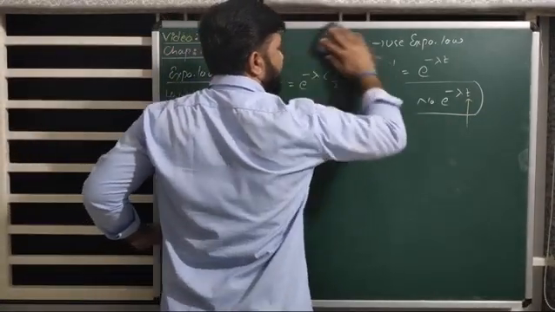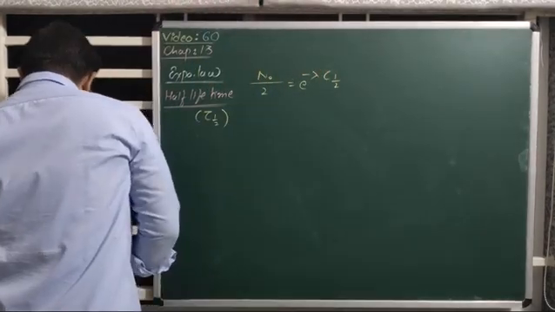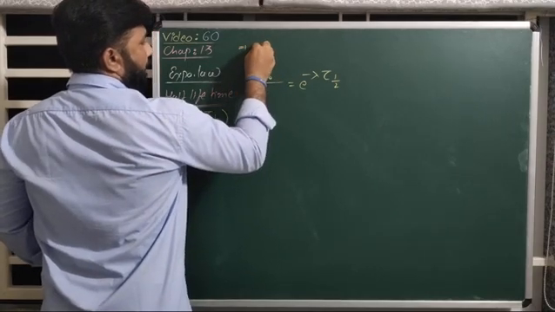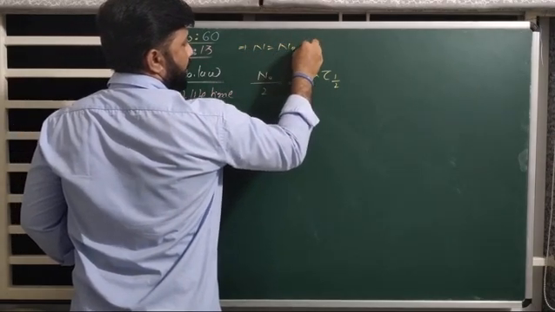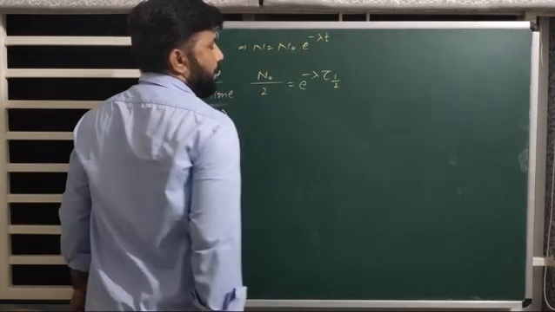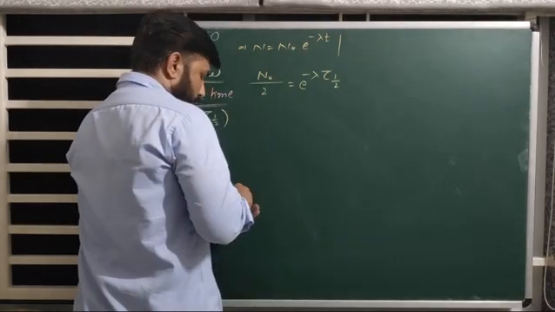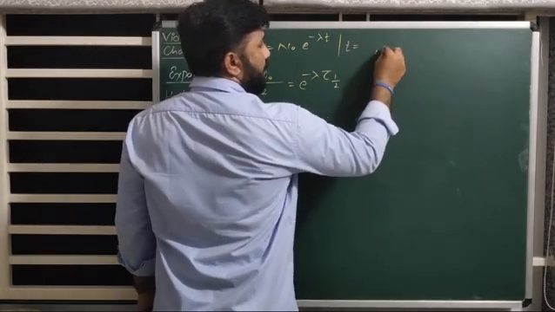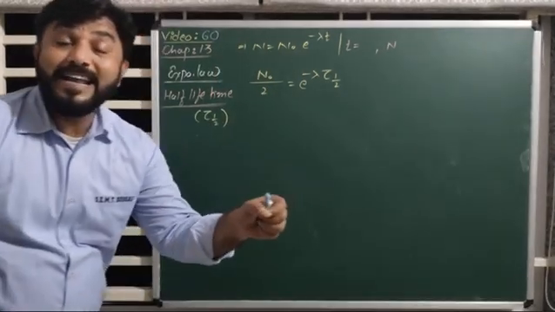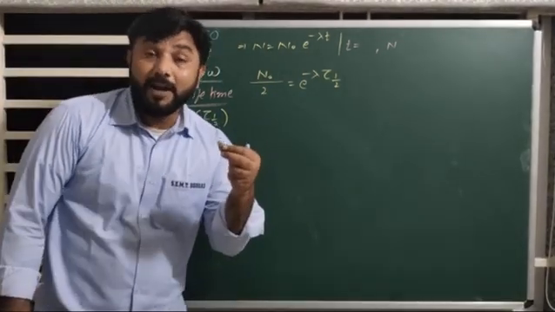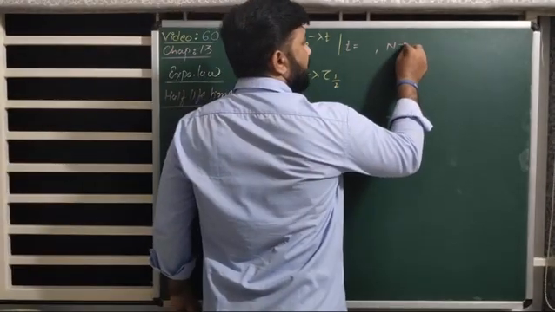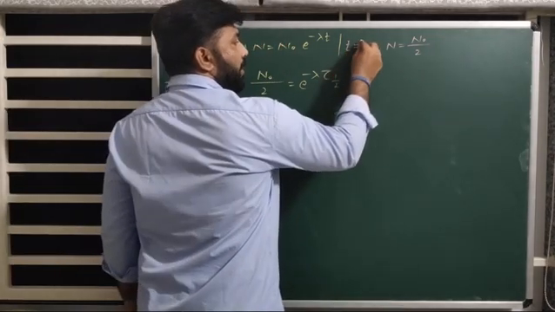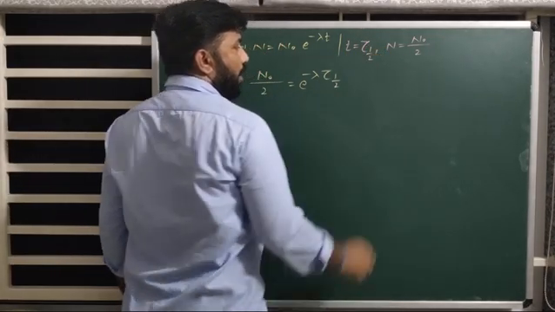By using the equation, meaning by using the exponential law, N = N0 e raised to minus λt. Check out the definition once again. The time interval in which the number of undecayed, remaining nuclei becomes half of the initial nuclei is known as τ half.